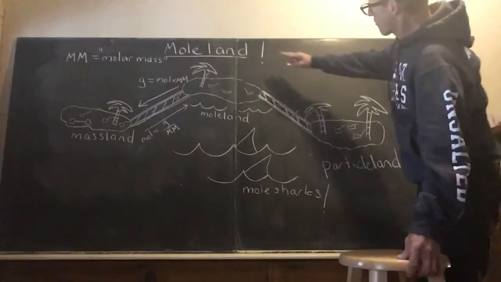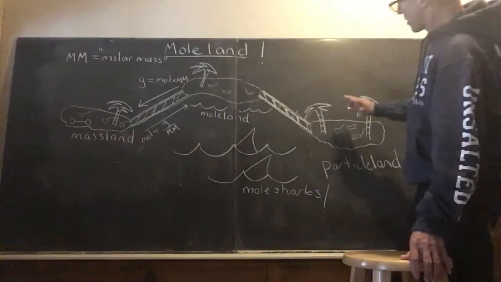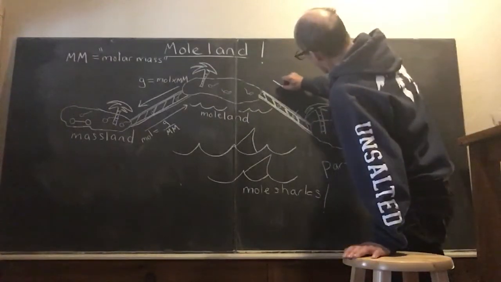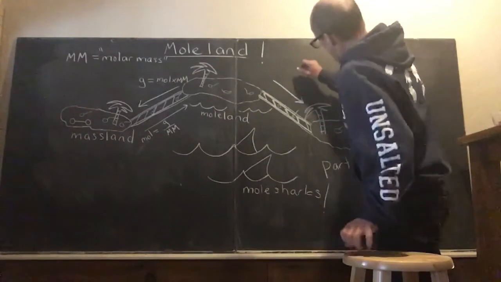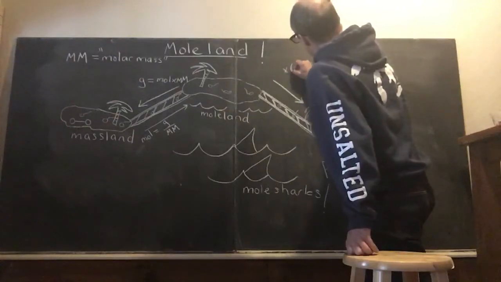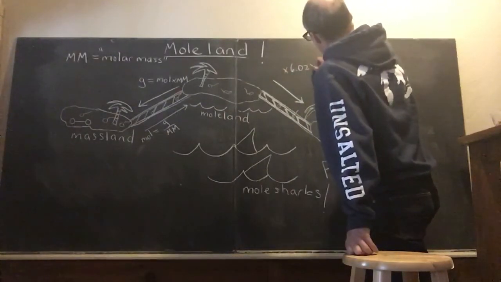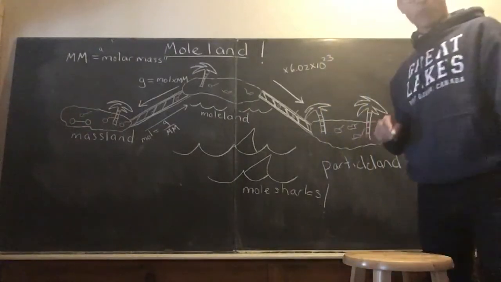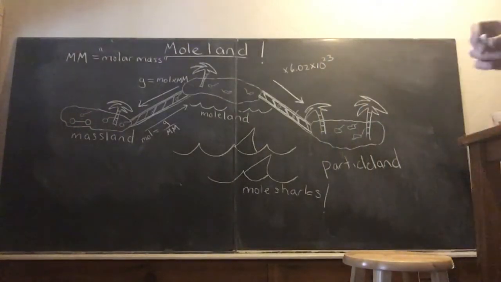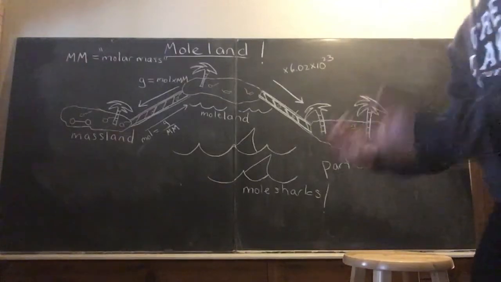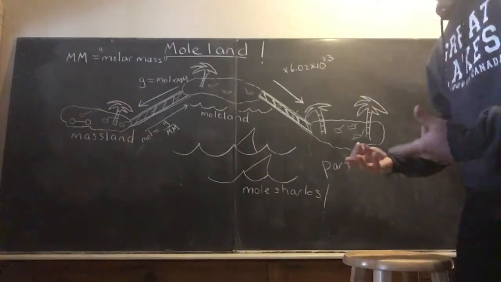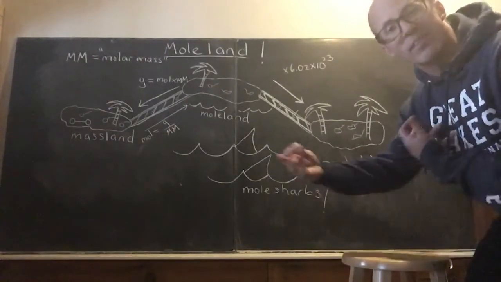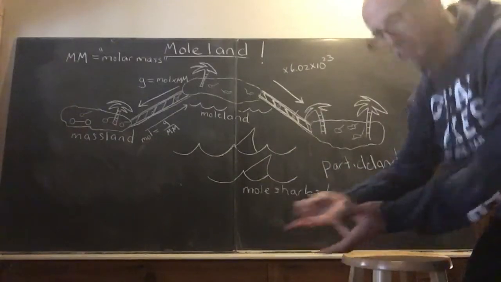If they want to go from moles to particles, then the moles have to multiply by that great big number that we learned in the first video, good old Avogadro's number. So if they want to go from Moleland to Particle Land, they have to multiply the number of moles by Avogadro's number to get the number of particles.